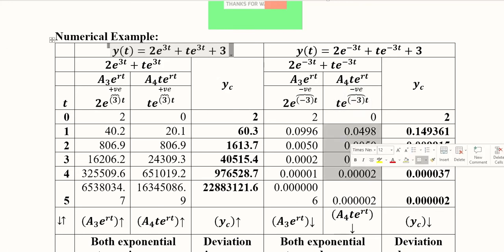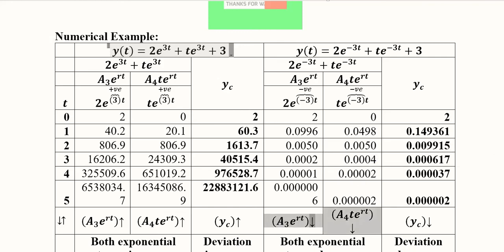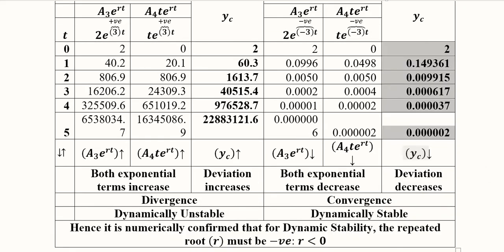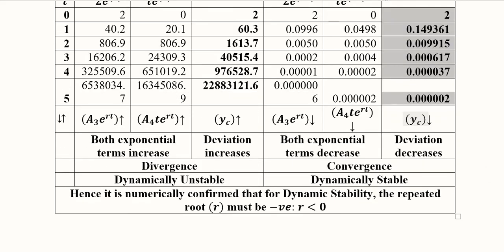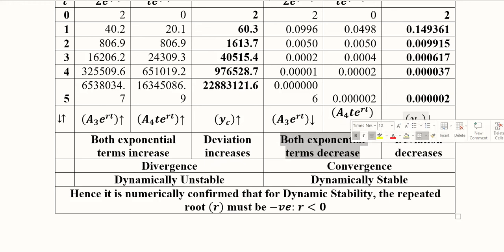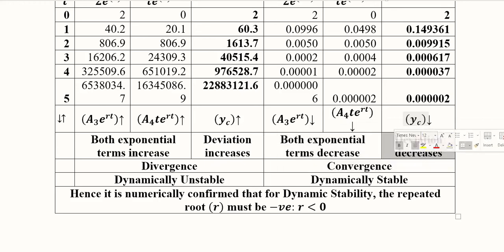However, the remaining terms, they are showing a consistent decrease, and hence we can say that both of the parts, they have exponential decay. So when we sum these parts of the yc, they are showing a declining trend, and clearly the conclusion is that in the first possibility, when we observed the components, they were increasing, so deviation was also increasing, and in this case the exponential decay was happening, so deviation decreased.